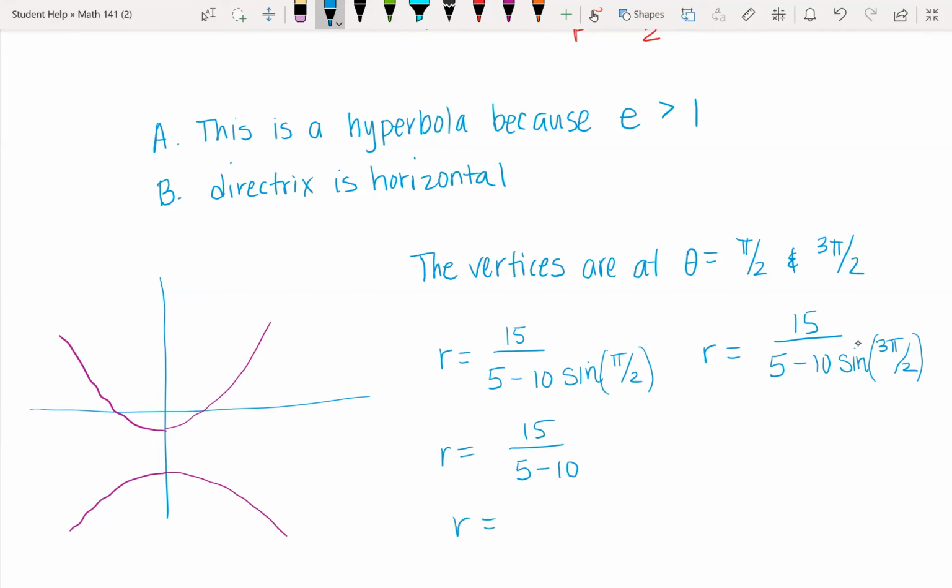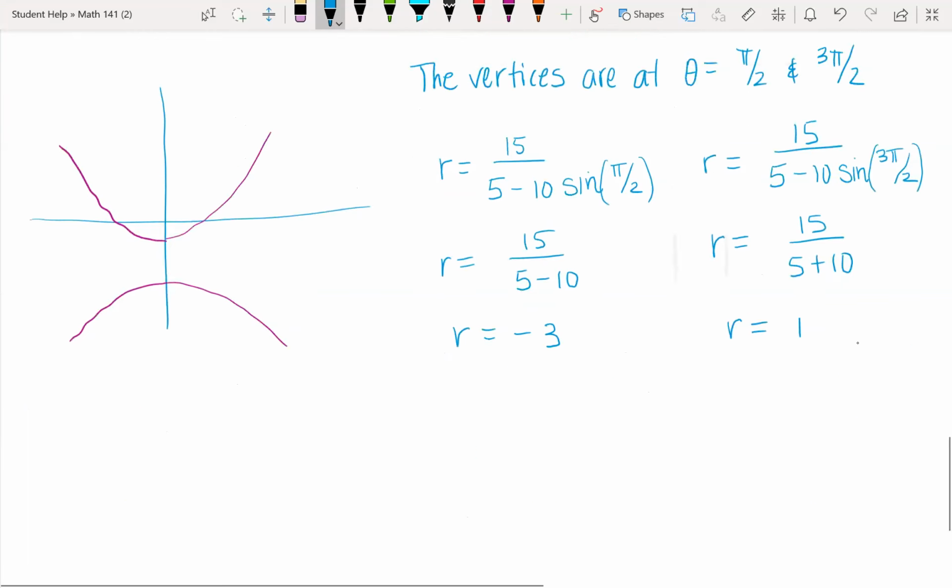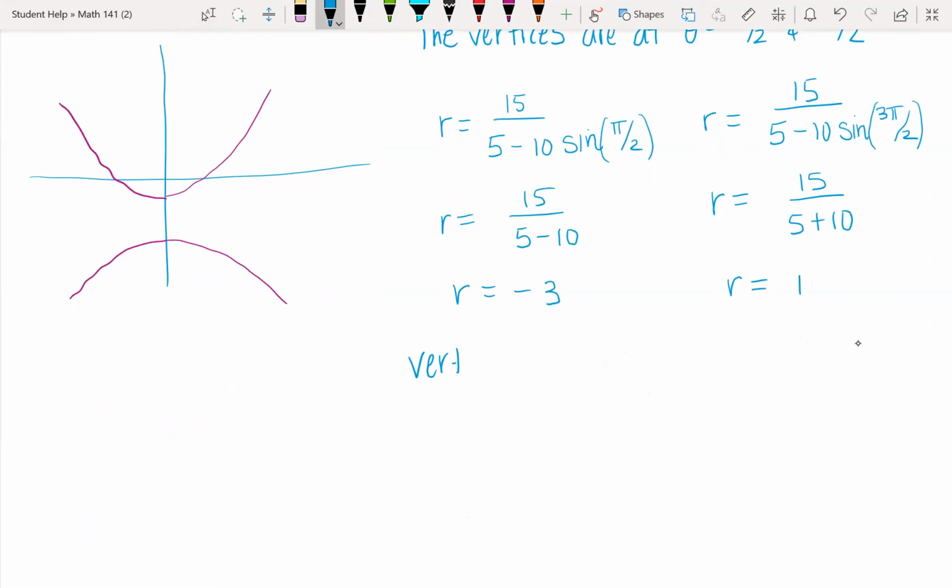That gives us R equals -3. Here we have R is equal to 15 over, the sine of 3 pi over 2 is -1, so that'll be 5 plus 10. So we get R is equal to 1. So our vertices are at -3, pi over 2 and 1, 3 pi over 2.